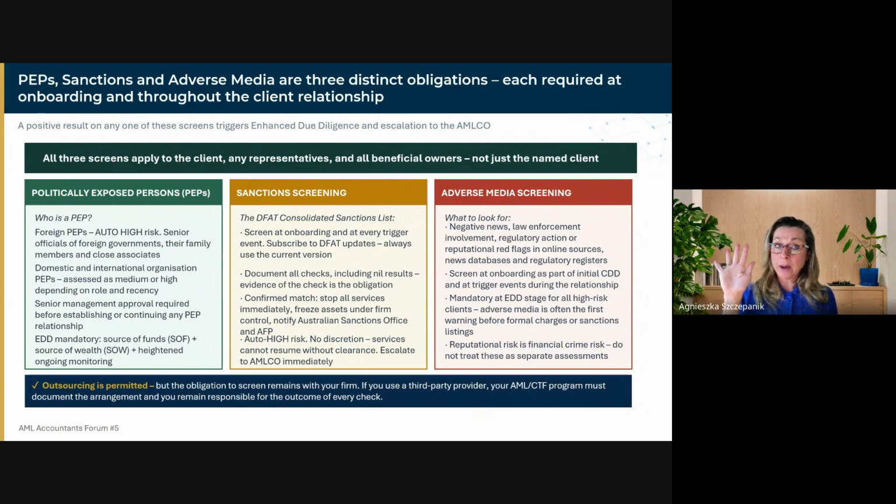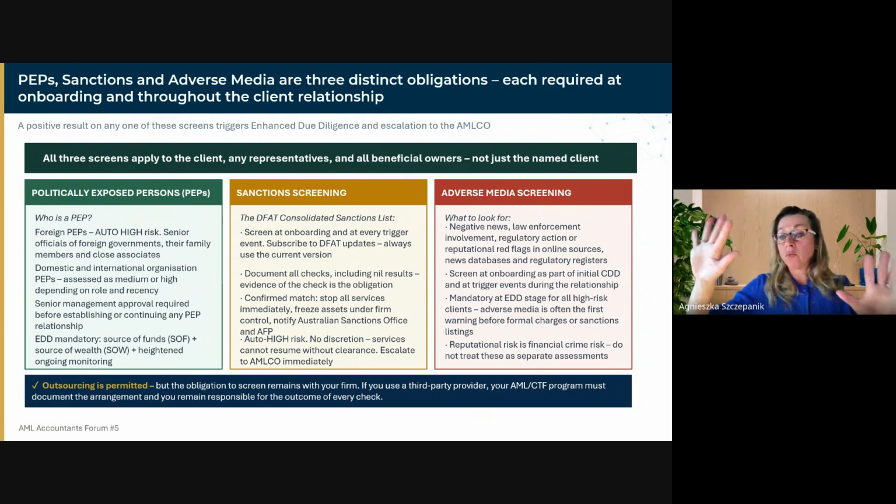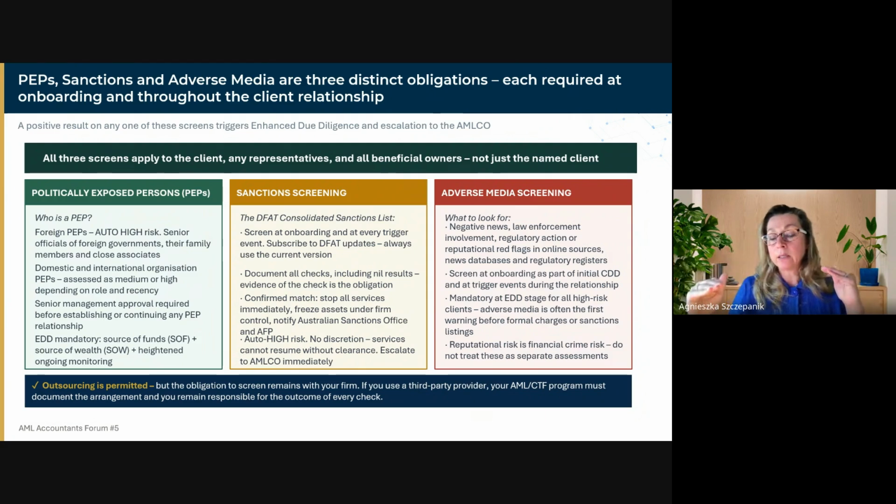Sanctions lists are defined by the Department of Foreign Affairs and Trade, and the sanctions lists, for instance, are linked to the US and the UN and other similarly regulated jurisdictions. And so thou shalt not do business with a sanctioned entity has been enshrined. It's a criminal offence. You probably 99% will not at all be exposed to this risk.